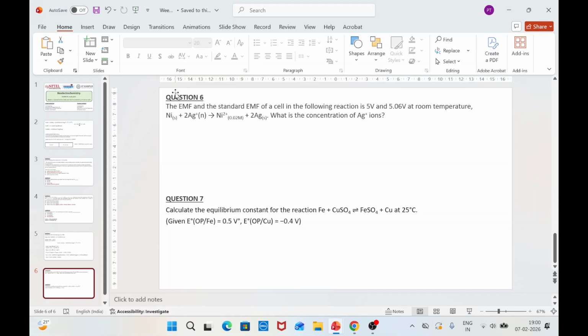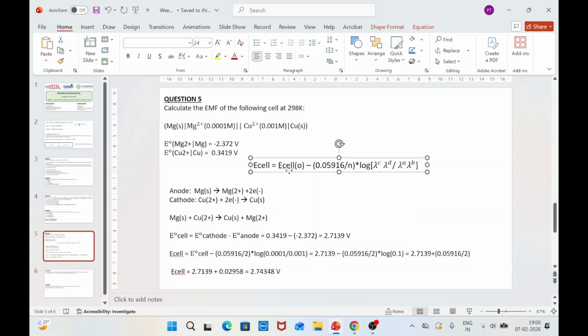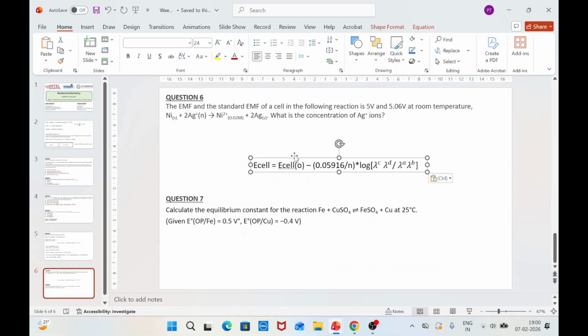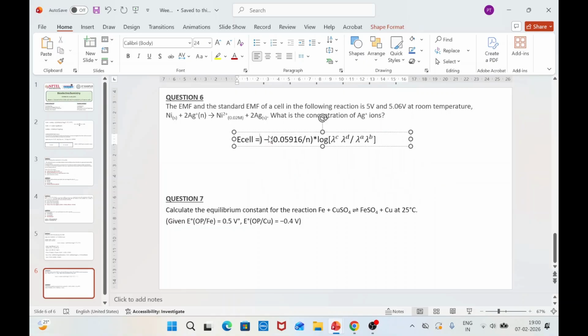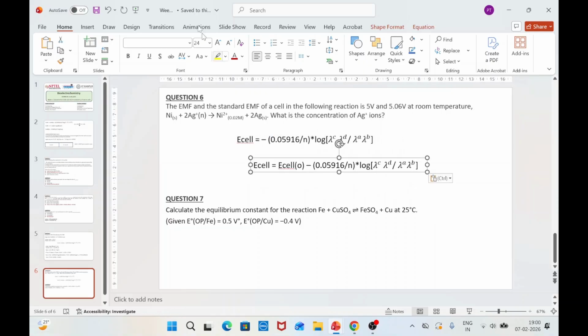So how to go about question number 6? Same. Let's take the Nernst equation from here.